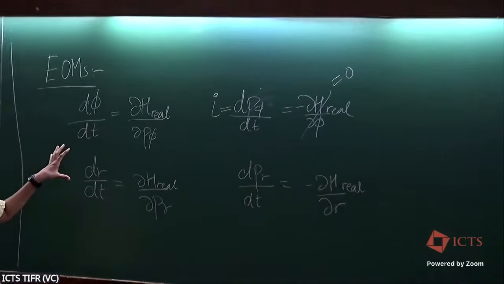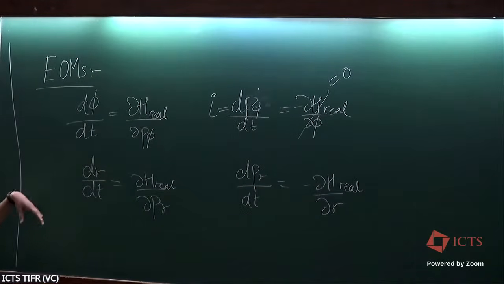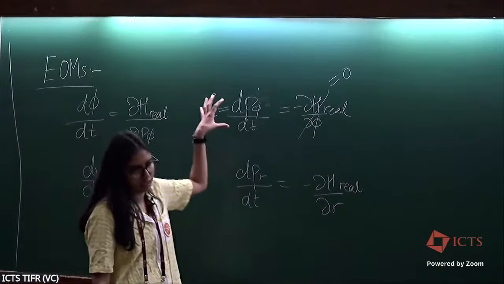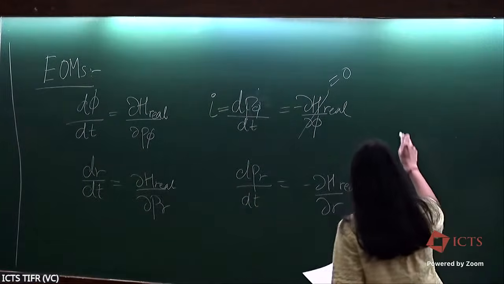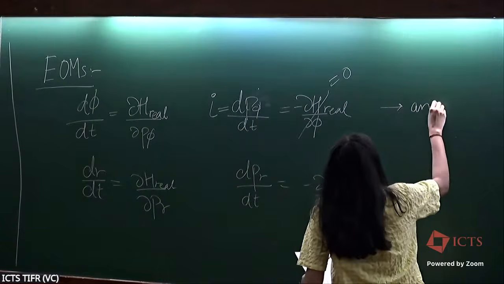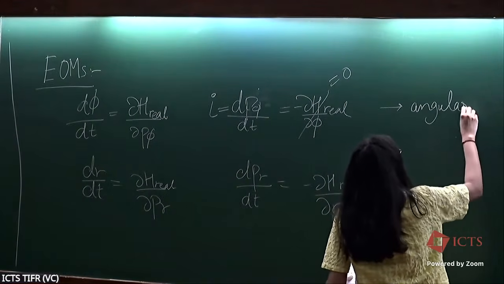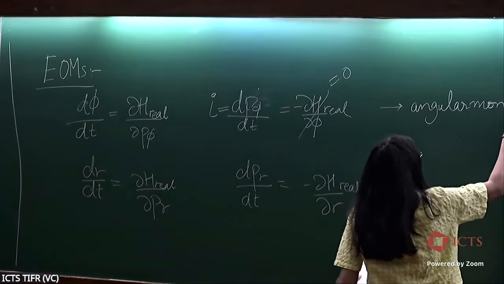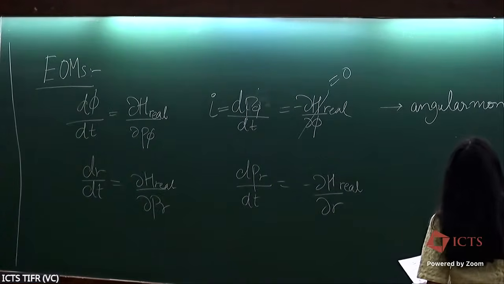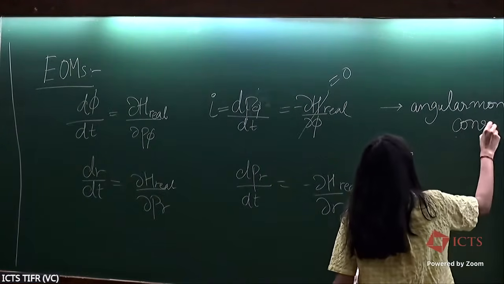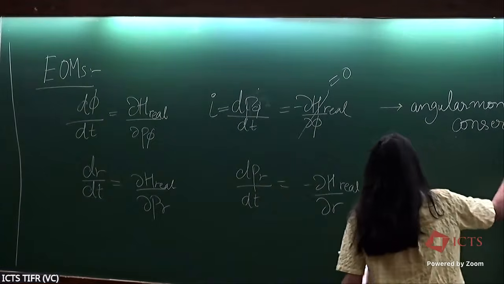So it says that if we are considering a conservative dynamics, the L dot is 0, suggesting that the angular momentum is conserved. But we do not want that.